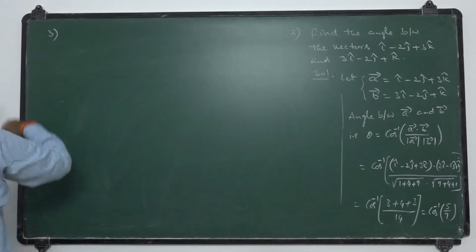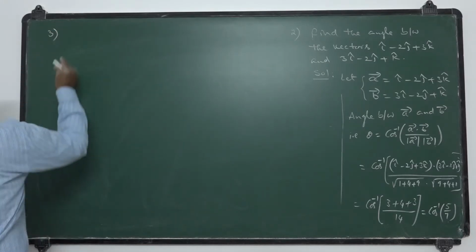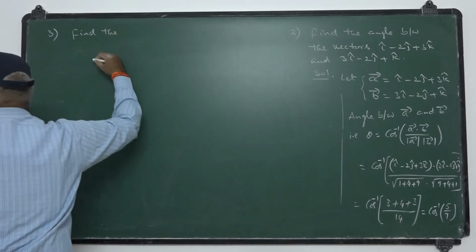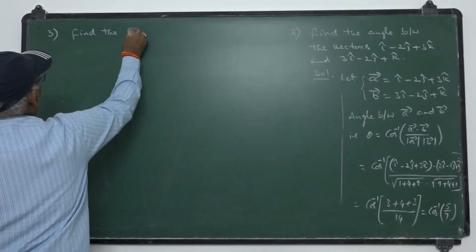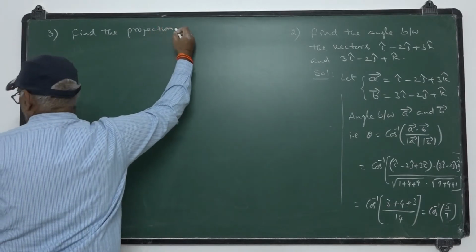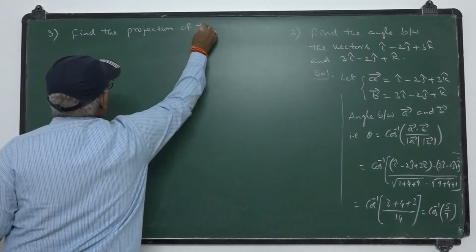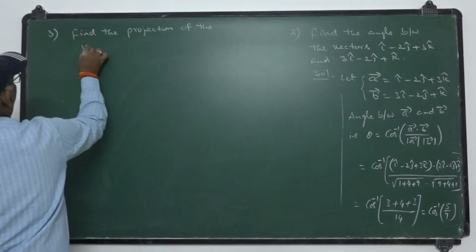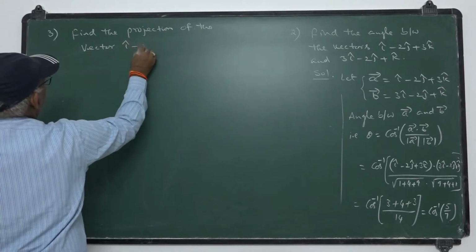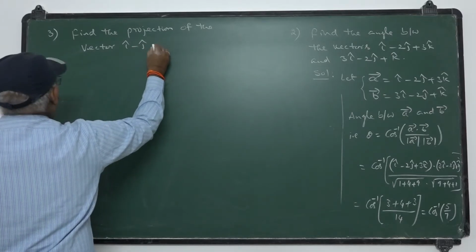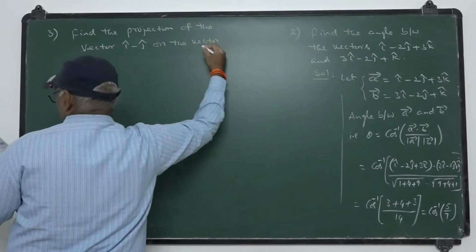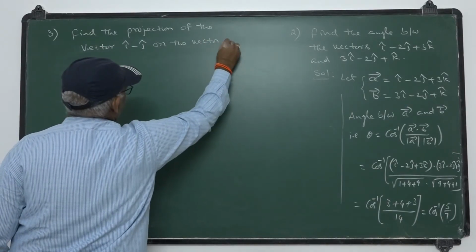Next, third one. Find the projection of the vector i minus j on the vector i plus j.